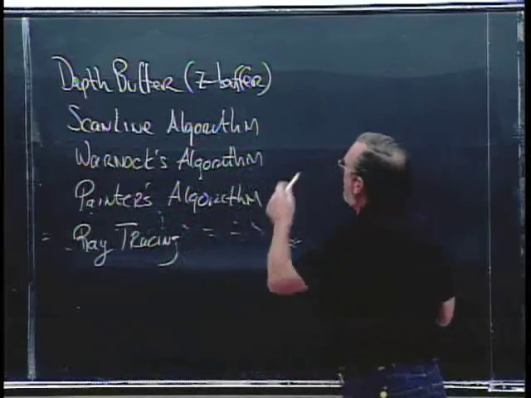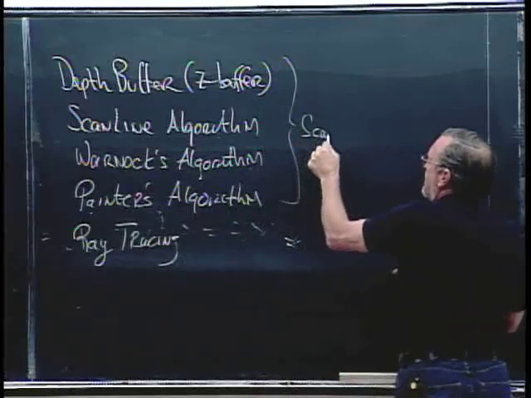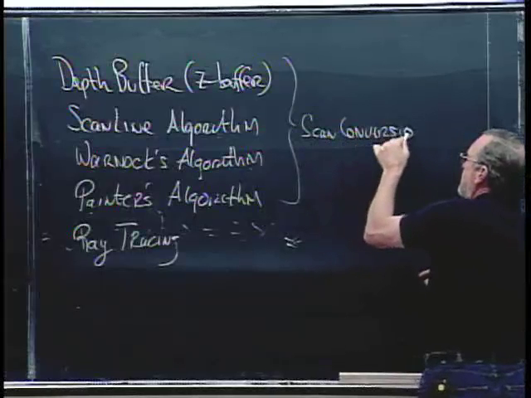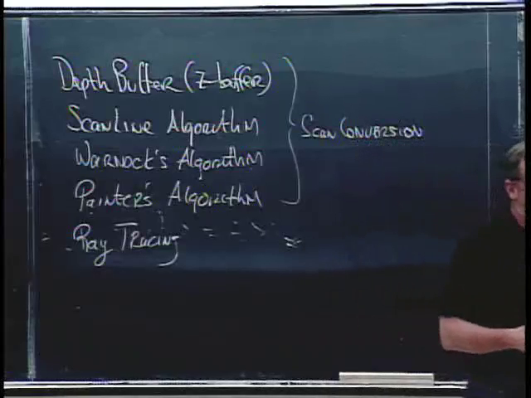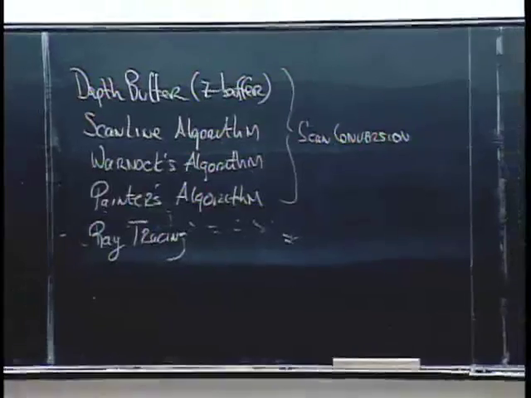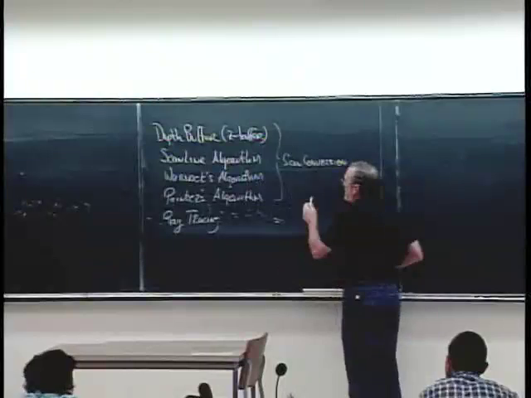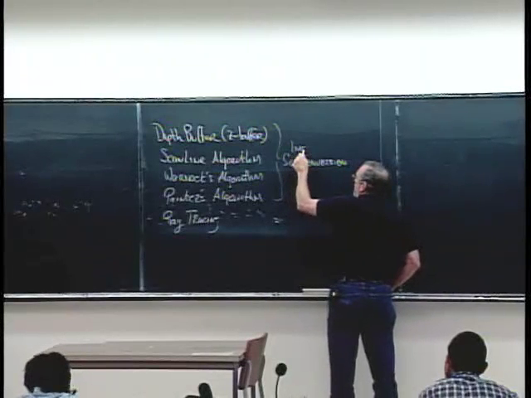These 4 up here all involve scan conversion, which, if you remember from last time, is that bookkeeping algorithm to determine all the dots on a polygon. They're also image-based algorithms in general.